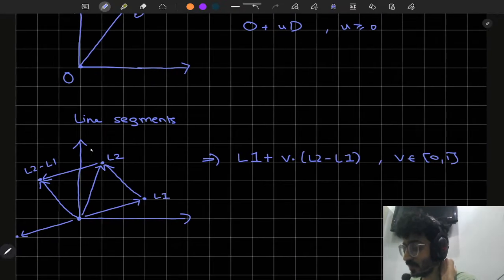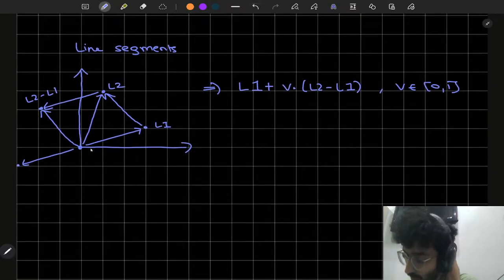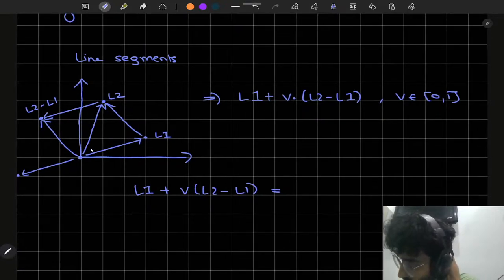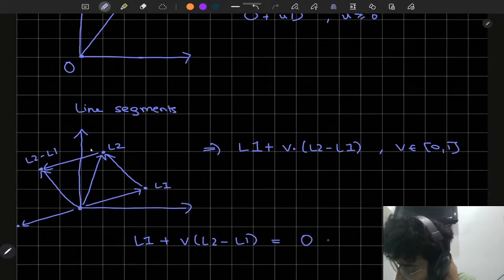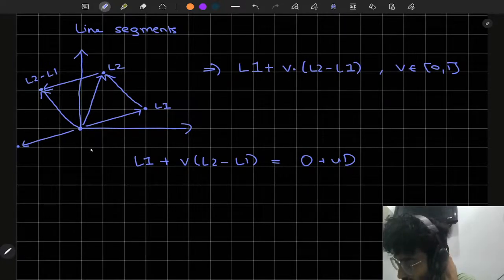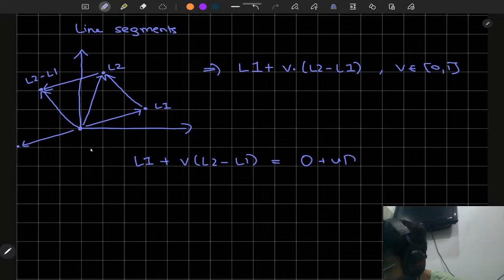So if we want to know if a line segment and the ray intersect, all we need to do is check if the ray equals the segment point. We know everything here. U and V are the unknowns. Check if they have a solution such that U is greater than or equal to 0 and V lies between 0 and 1.